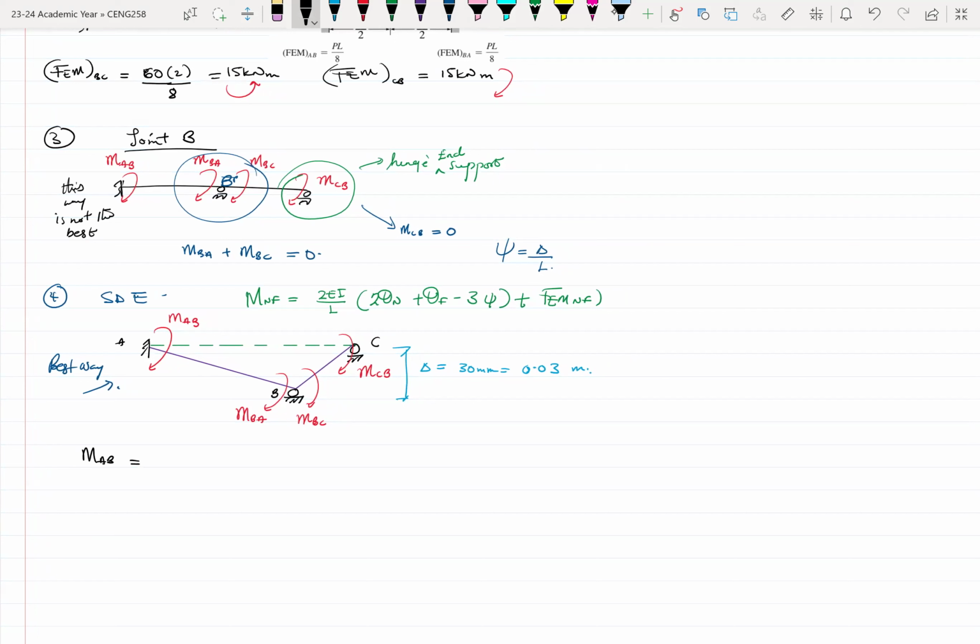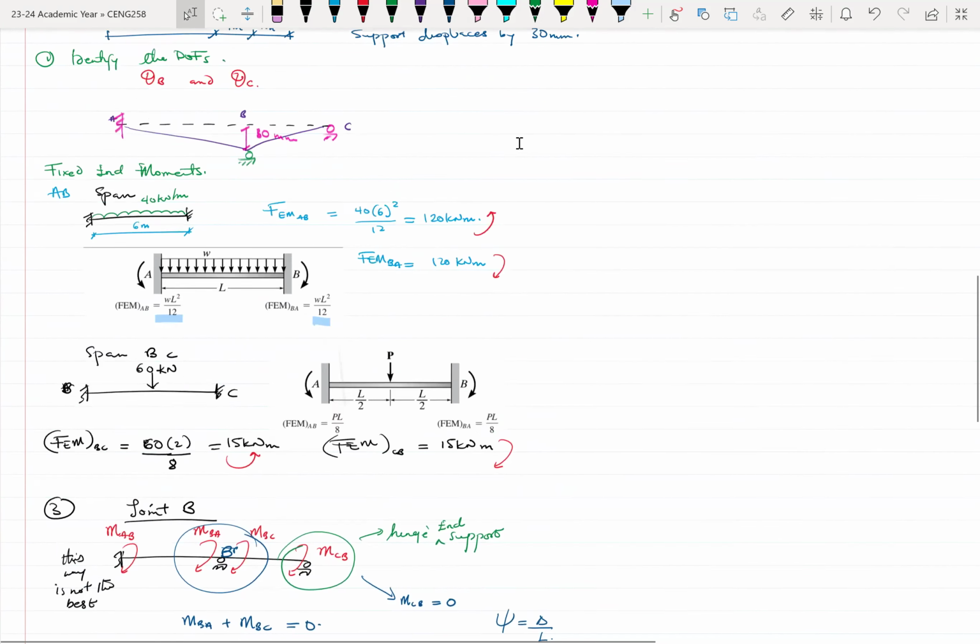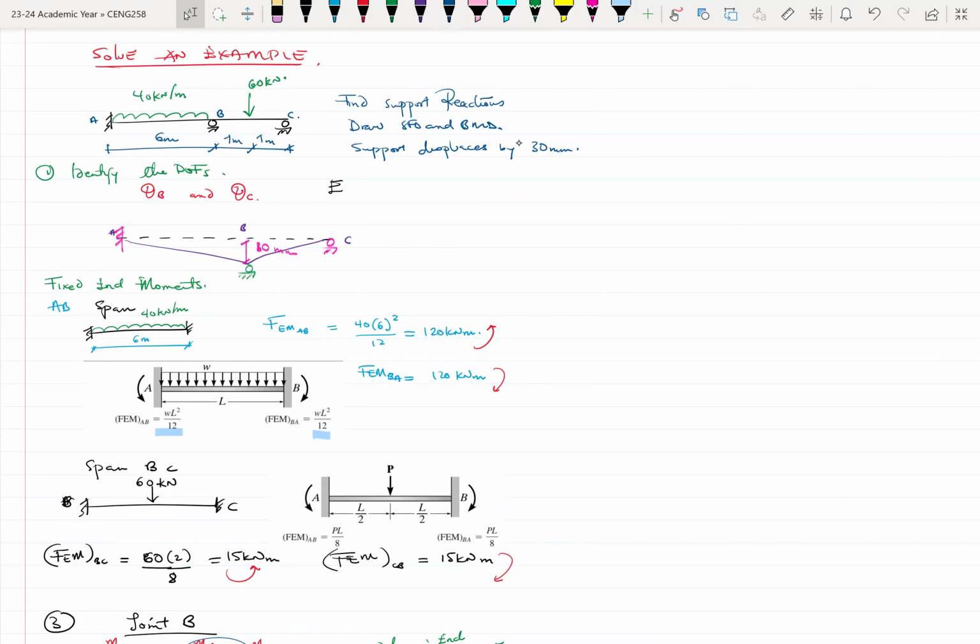MAB is equal to 2EI. I didn't give the EI value, but let's say that EI is constant, so that we don't have to worry ourselves. So it means that in the end they'll cancel out. It doesn't really matter what values they are.